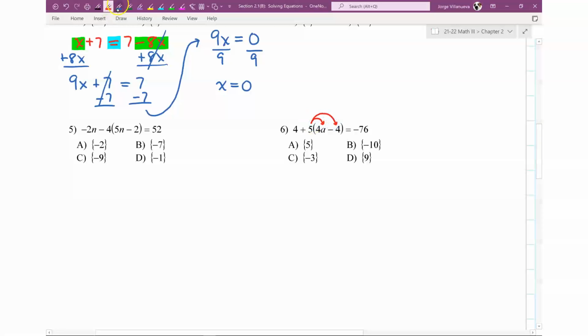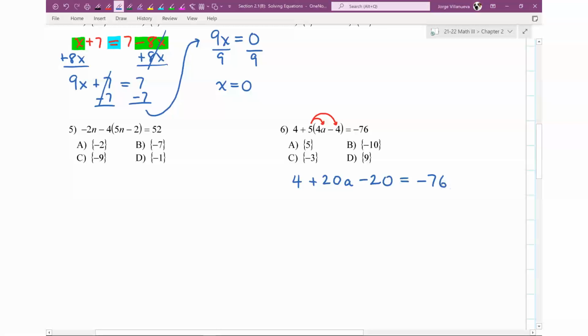So let me go ahead and do that. 4 plus. Now 5 times 4a is going to be what? All right, 20a, thank you. And 5 times negative 4? All right, thank you. Negative 20 equals negative 76.